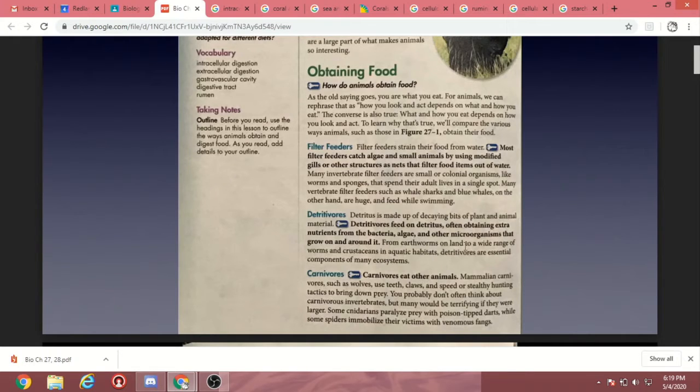From earthworms on land to a wide range of worms and crustaceans in aquatic habitats, detritivores are essential for many ecosystems. That's why we brought it up in the ecology unit, because detritivores are like the last step in the chain that will help break down material so that it's available for the other organisms, because eventually you want stuff to break down completely.